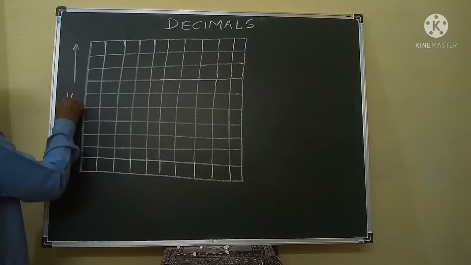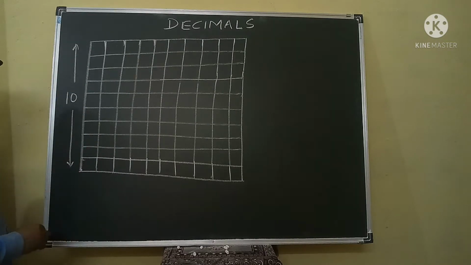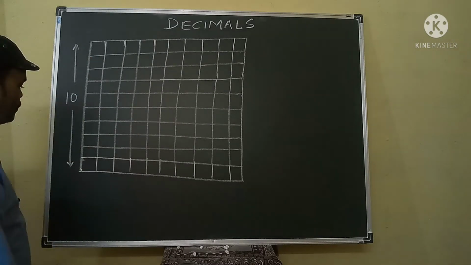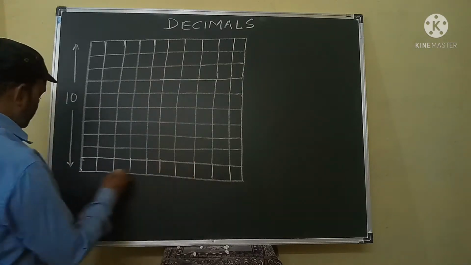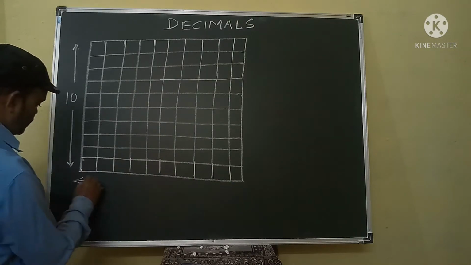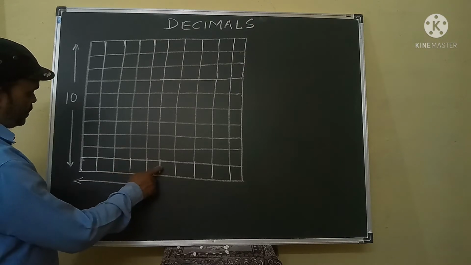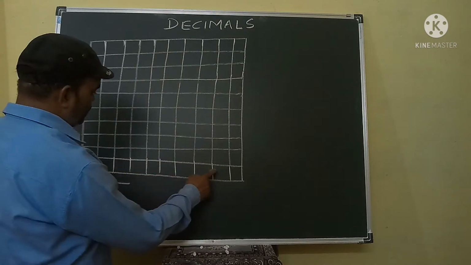In the vertical line there are 10 blocks. Now we will count in the horizontal line: 1 2 3 4 5 6 7 8 9 10.